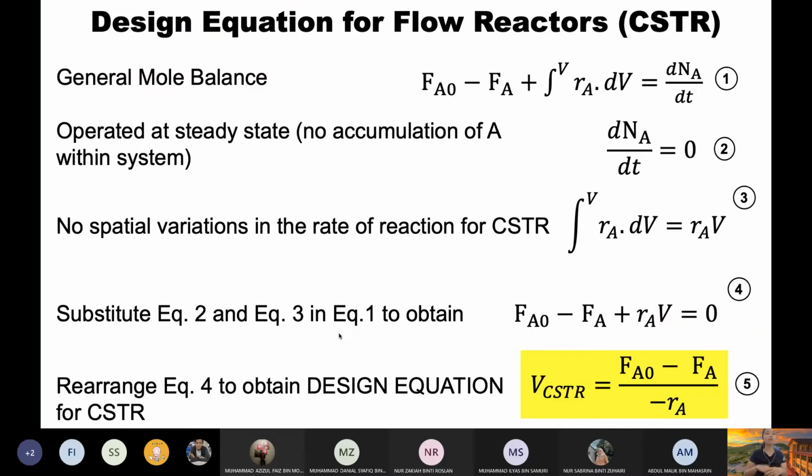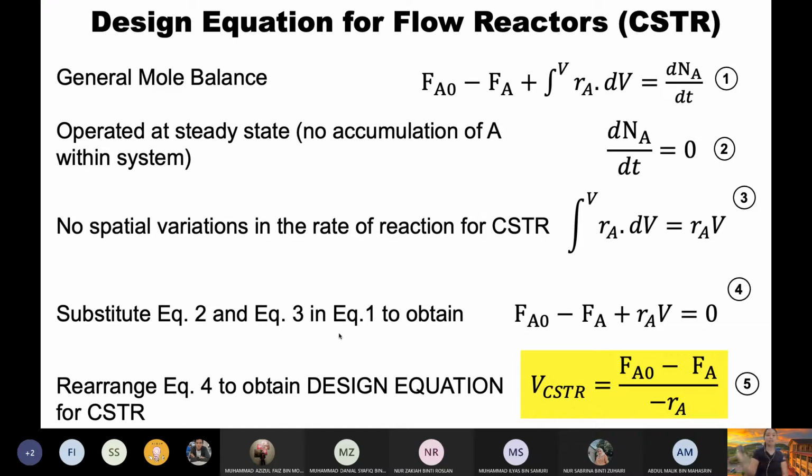However, when we talk about flow reactors, the design equation is more towards finding the volume of the reactor. So for both PFR and CSTR, the design equation is in terms of the volume of the reactor. CSTR is definitely way easier compared to batch, and later you will learn PFR.